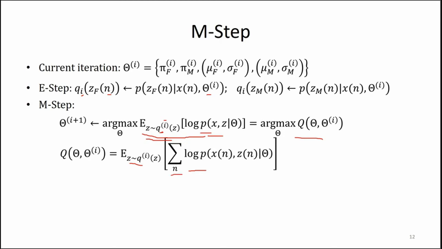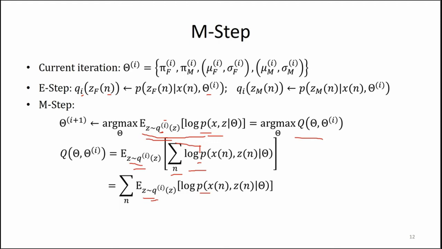Because we have different samples, and I skipped one step. It should have been a log of the product of the probabilities, and when you transfer the product outside the log, it becomes a sum, and I move the expectation inside the summation, so that becomes equal to the summation over n of the expected value of log P of x n, z n given theta, when z is following this distribution q i of z.